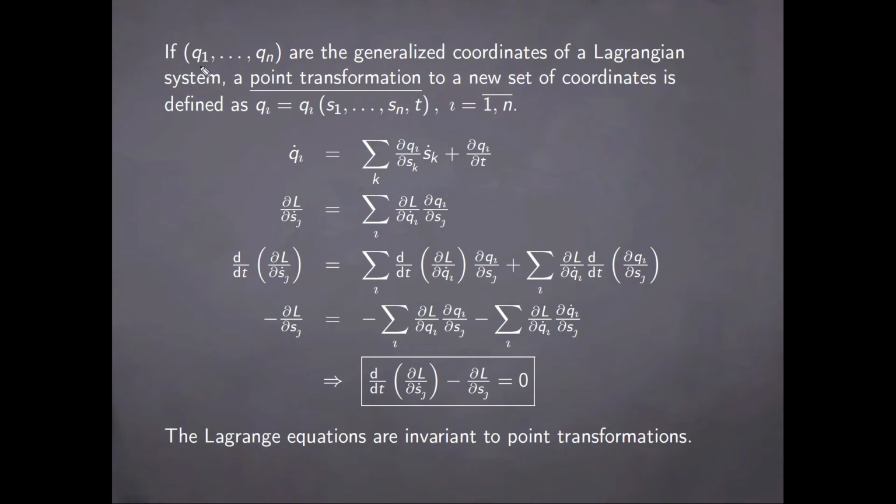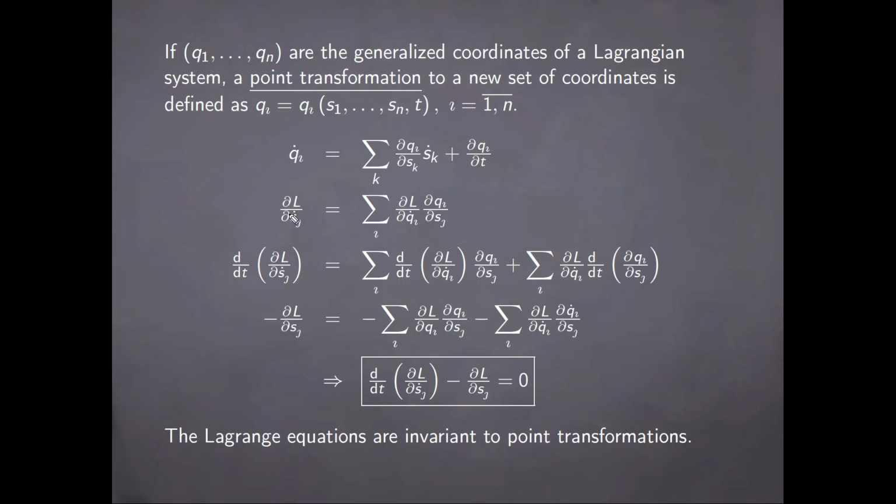Furthermore, if we have a set of generalized coordinates q, then by a point transformation to a new set of coordinates, we arrive by the following definition. So taking the coordinates q as being dependent on the variables s. Then the generalized velocity in q coordinates is expanded as follows in the s coordinates.